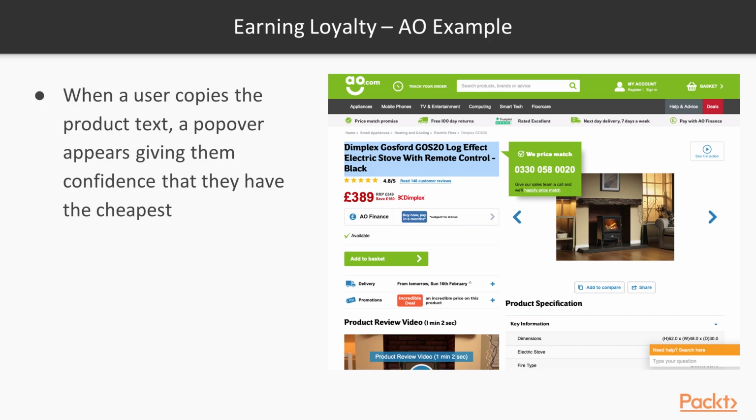They used a little bit of JavaScript to figure out when someone was copying the text, and they had a pop-up which says, "We price match." It gave customers more confidence that AO is cheaper, and as a result they have good sales and more faithful customers. It's the go-to place because they know they can price match.